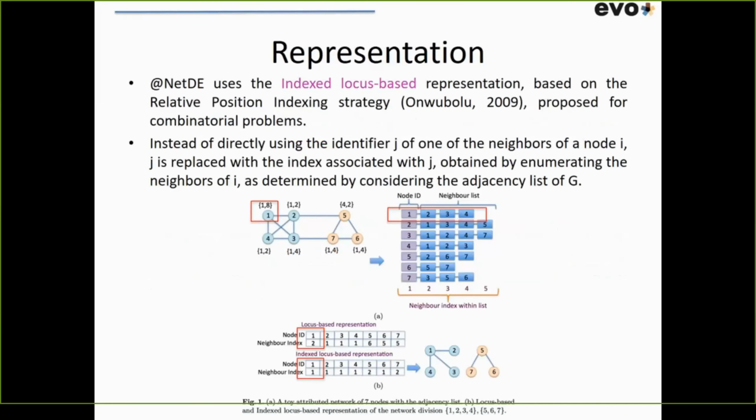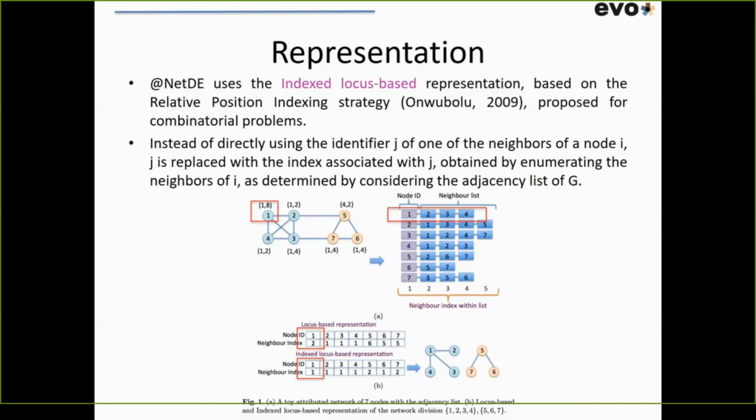Such kind of combinatorial problem needs a particular representation for the individuals, otherwise the mutation operator can generate infeasible solutions. Our algorithm exploits the indexed locus-based representation based on the relative position index strategy. Basically, the target vector and hence the solution of our problem is a community.